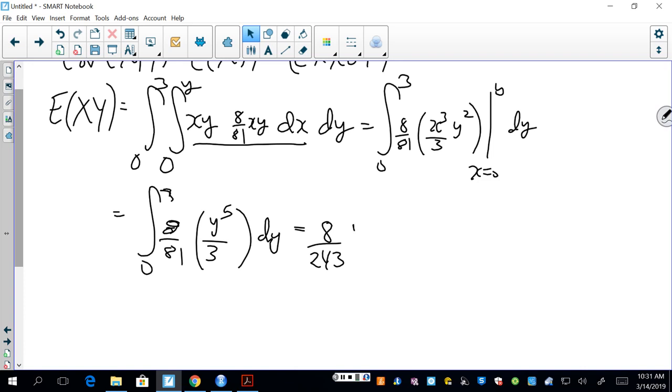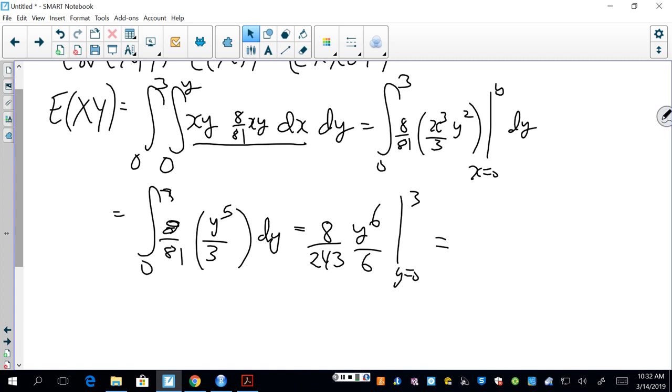Combine those. Then that would be a y to the 6th over 6, evaluating from y going from 0 up to 3. 243 is actually 3 to the 5th. There's a lot of 3's that you're going to cancel.